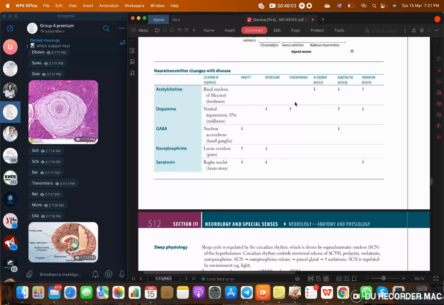That's why, if you remember, we spoke about galantamine, rivastigmine, and this medication, which used to increase acetylcholine in case of Alzheimer's disease, and that used to improve the symptoms. In Huntington disease, if you remember, there was something called the CAG, right?